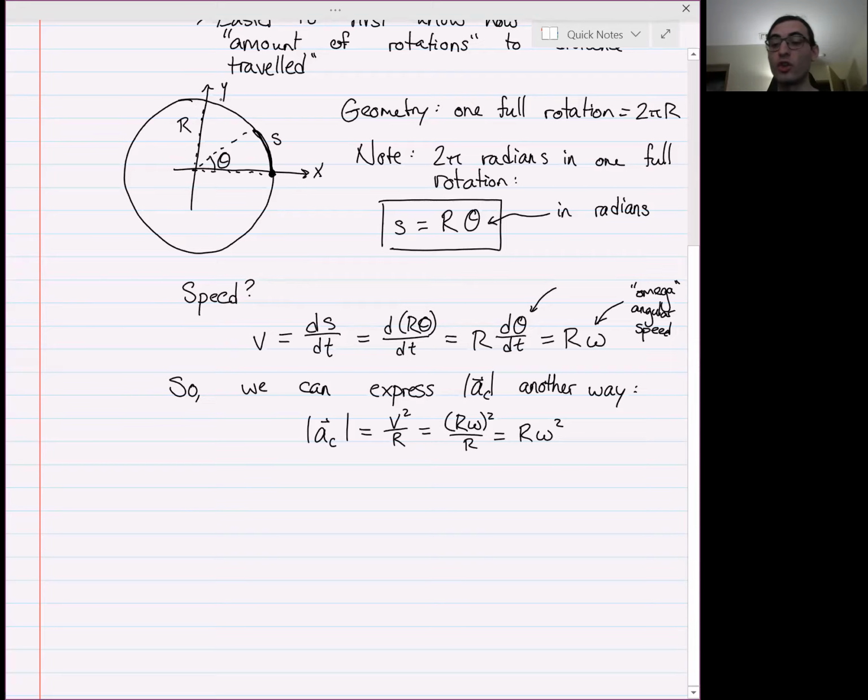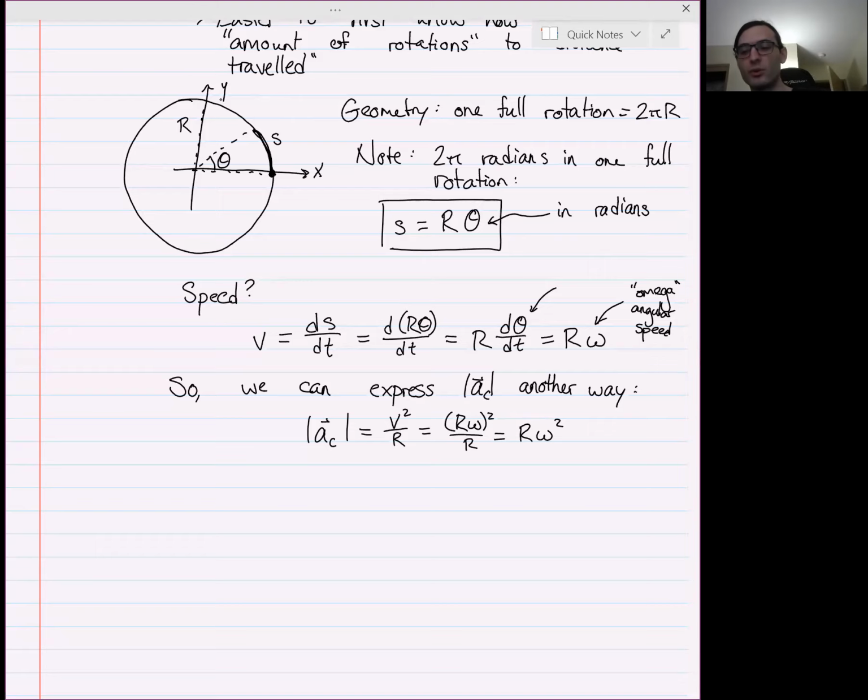When there's rotation only in a single plane rather than in all the different planes it could be rotating in, just like how we can talk about position as a number rather than a vector when we were talking about one-dimensional motion, as long as there's only rotation in one direction, either clockwise or counterclockwise, we can just talk about speed.